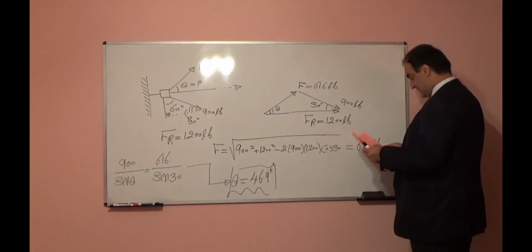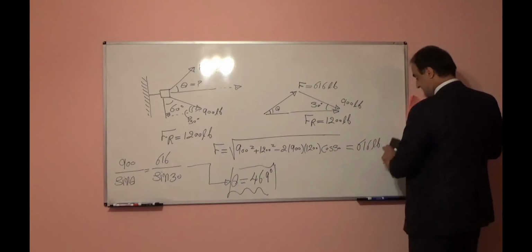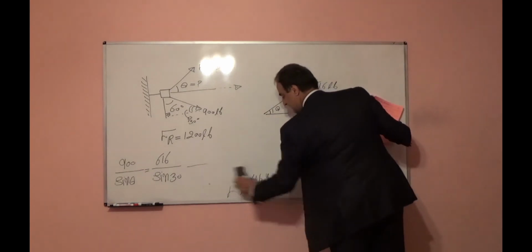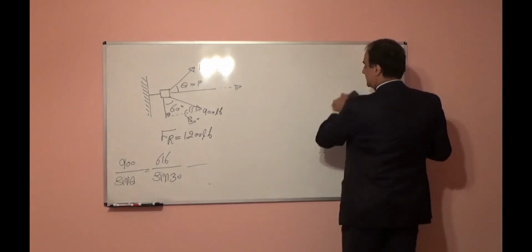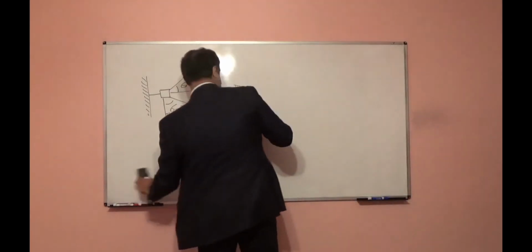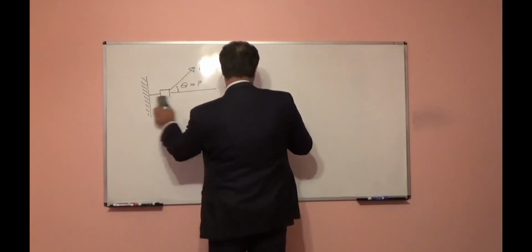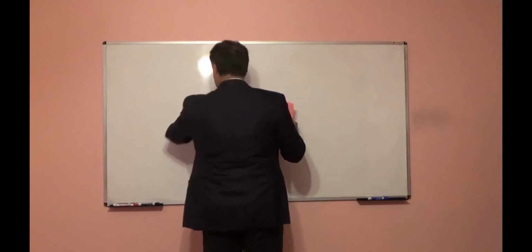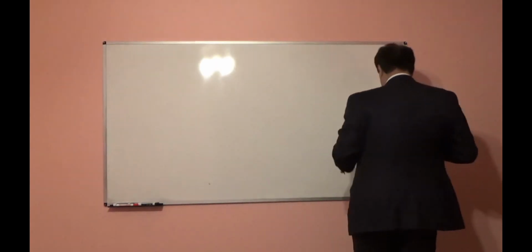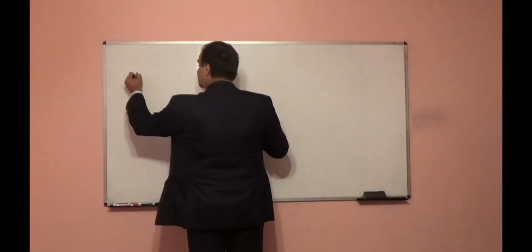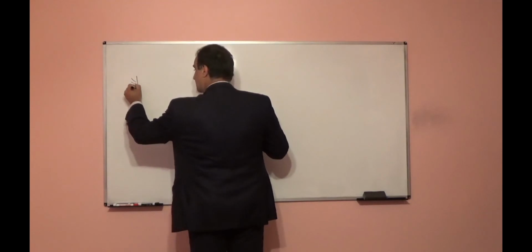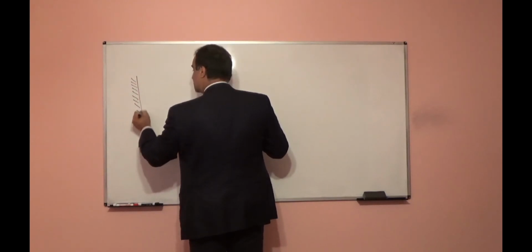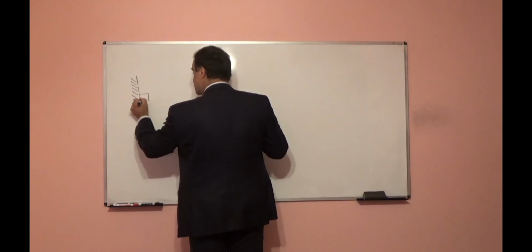Next example, again it is a similar problem. There is a support on the wall and two forces acting on that support. So again we have a wall. Assume we have a screw here or any kind of support.